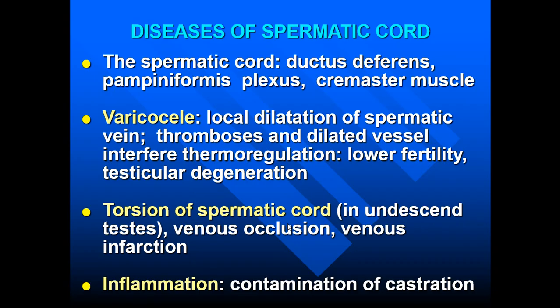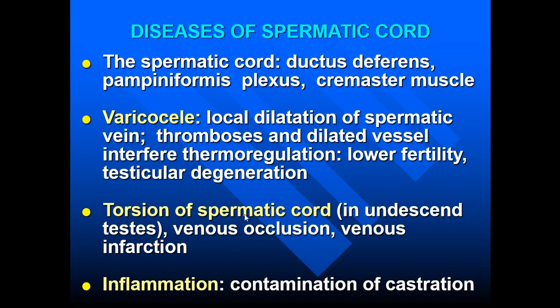The most characteristic lesion of spermatic cord torsion is venous occlusion that leads to infarction. Occlusion occurs due to torsion because torsion can narrow the blood vessel lumens, and it leads to impairment of blood flow, which is related to infarction.